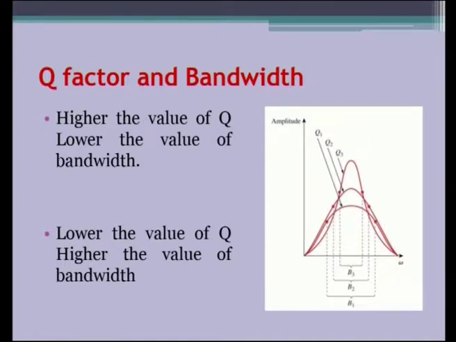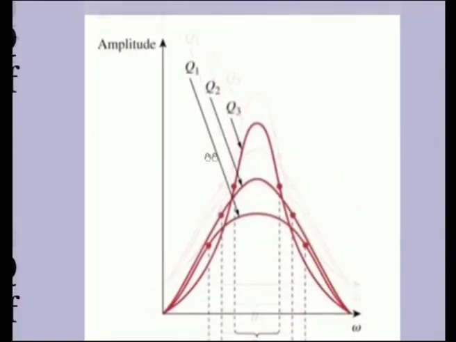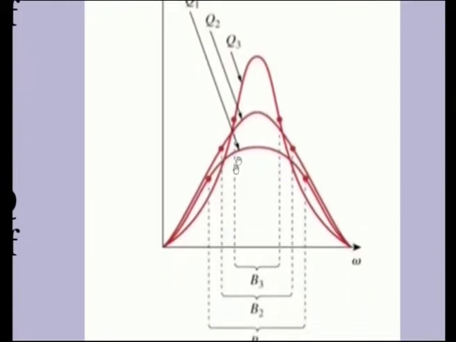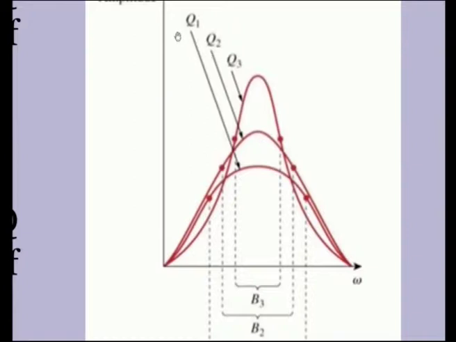Higher the value of Q, lower the value of bandwidth, and the next statement, lower the value of Q, higher the value of bandwidth, which is very well explained by the diagram shown here. See, the amplitude is taken in the y axis and the angular frequency is taken in the x axis, and the bandwidths are shown. For the quality factor 1, marked for this graph, the bandwidth seems to be very large.